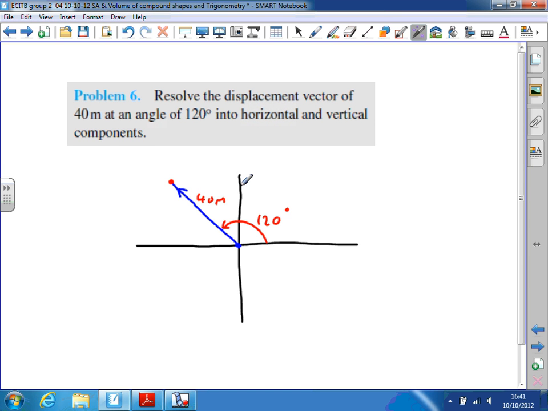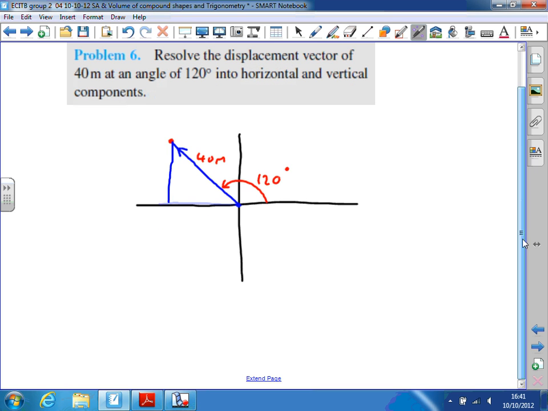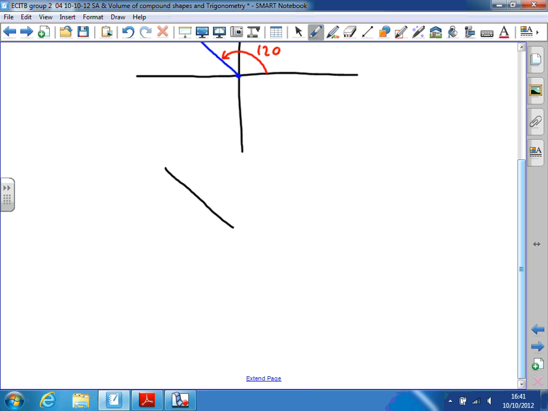And so we have exactly the same sort of problem. The horizontal component would be given by this, and the vertical component would be given by this. So again, we've got a right angle triangle. So if we draw the right angle triangle out underneath, you can see this right angle triangle. Let's draw it.